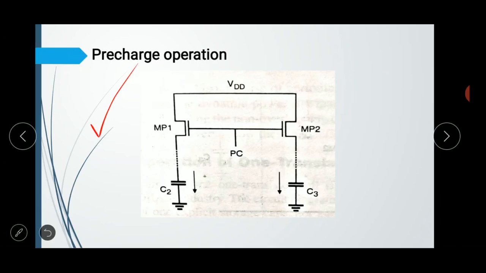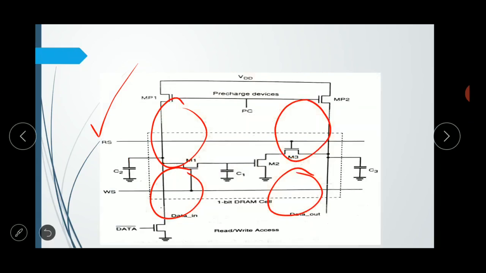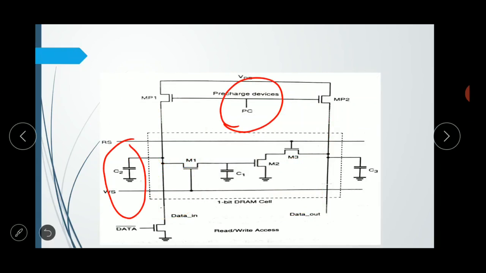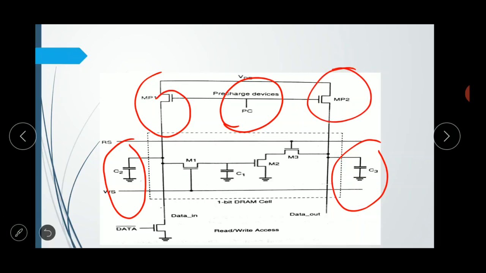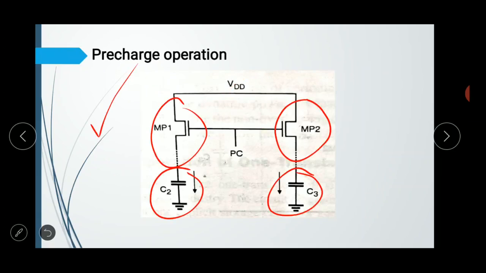Here the column pull-up transistors are activated, and the corresponding column capacitance, that is C2 and C3, are charged up to the logic high level. This is only the operation of pre-charge.